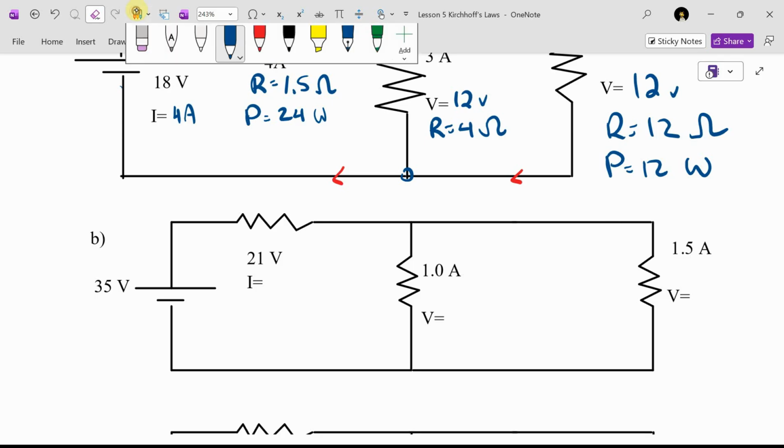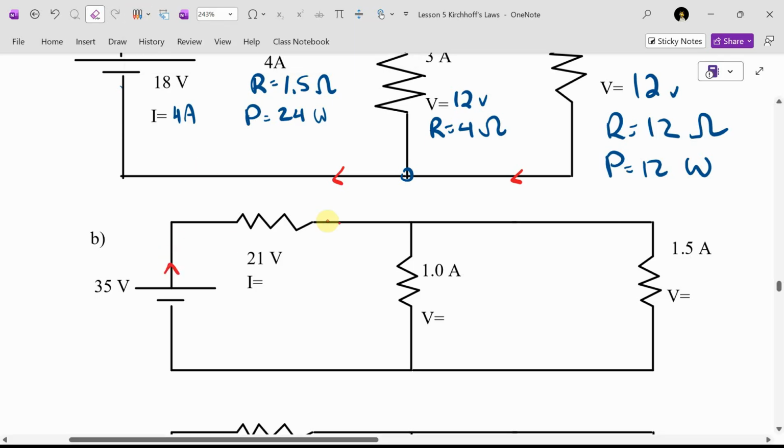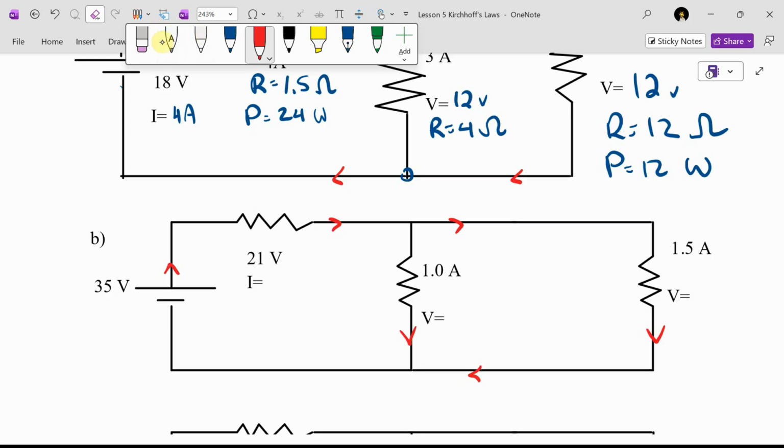Let's label downhill. Okay. Here we go. How many amps? How'd you figure that out? Oh, I got 1 this way, 1.5 that way.